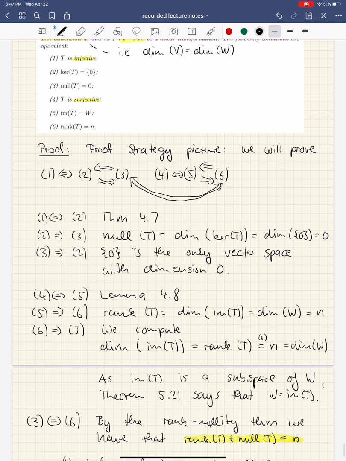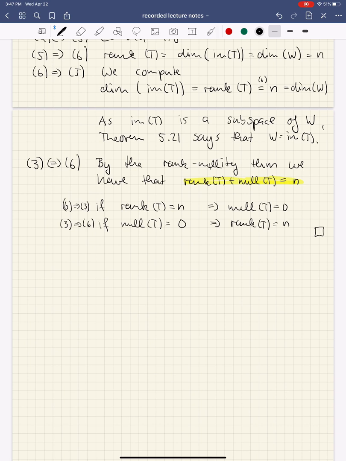What do I mean by that? Let's take a function from the set 1, 2, 3, 4, 5, a set of 5 elements, to 1, 2, 3, 4, 5. In this case, if f is injective, this also means that f is surjective.